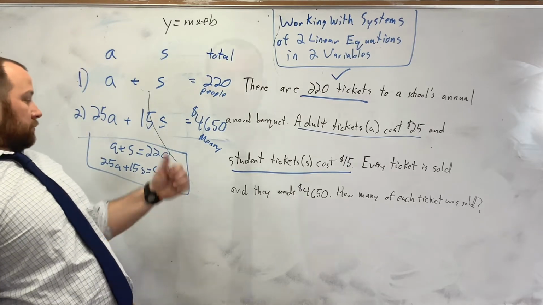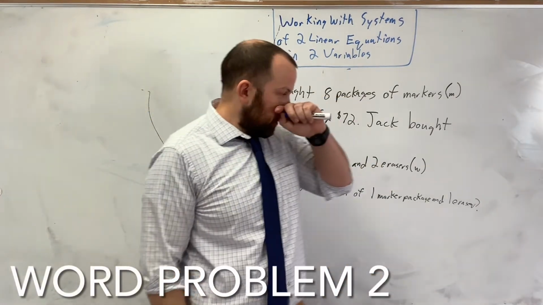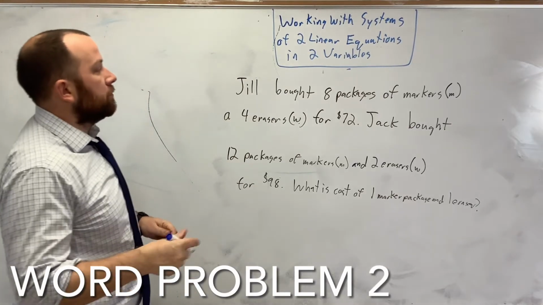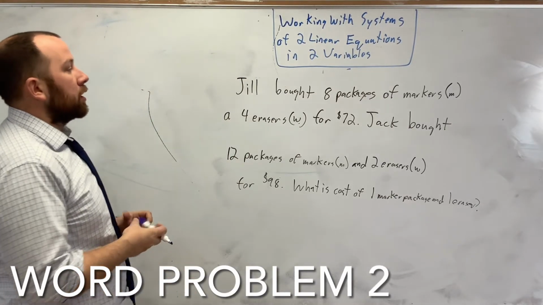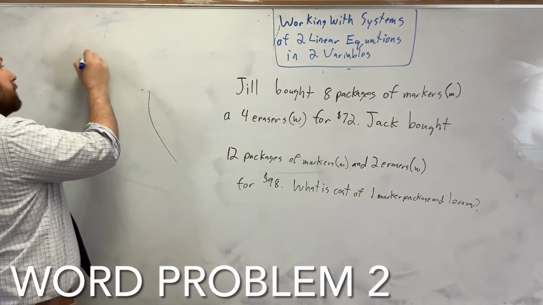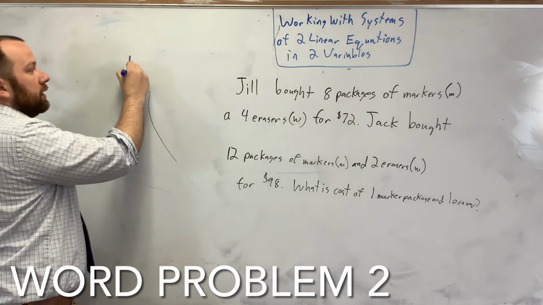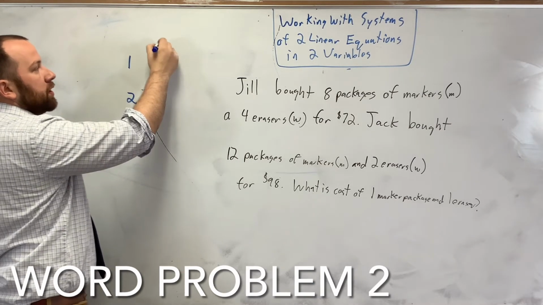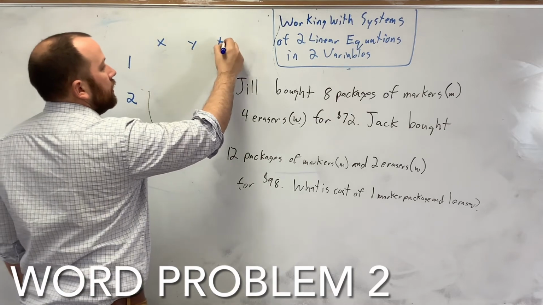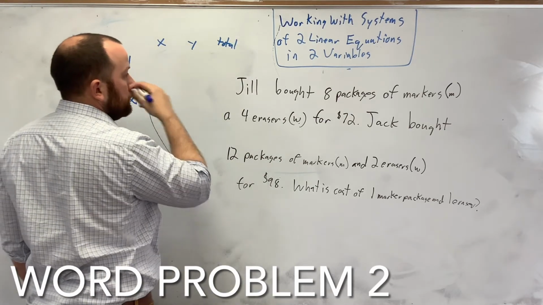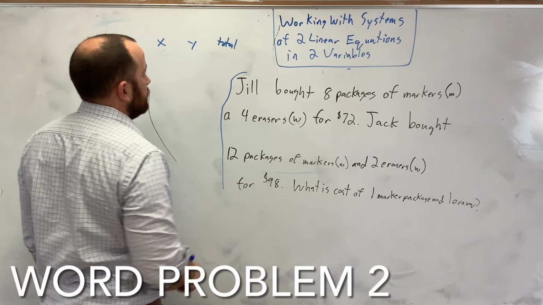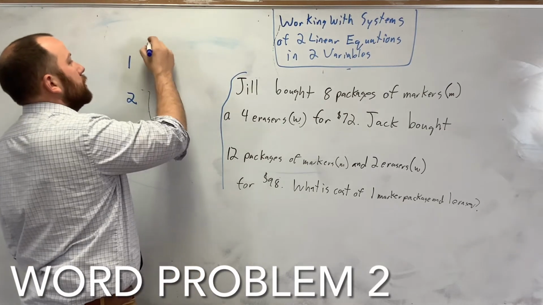That's your answer. All right, here's our last one. Word problem. So Jill bought 8 packages of markers. So again, I know I'm trying to come up with a system, so I know I have 2 equations, an X, a Y, and a total. Put them closer to each other.